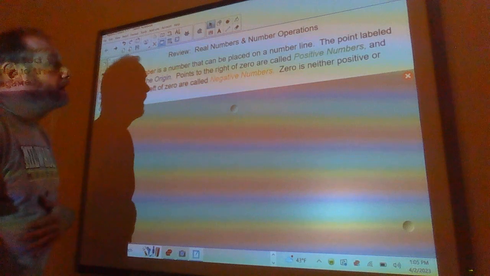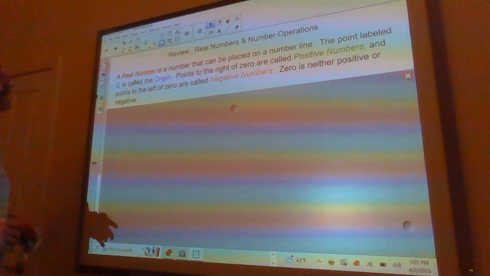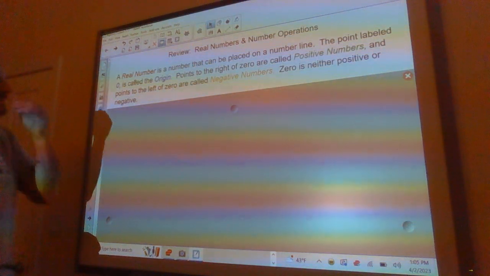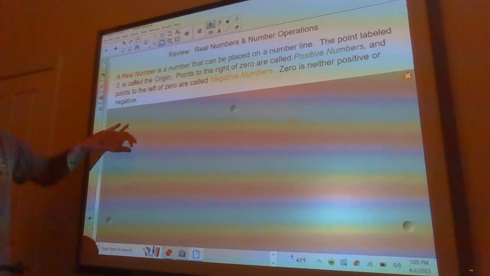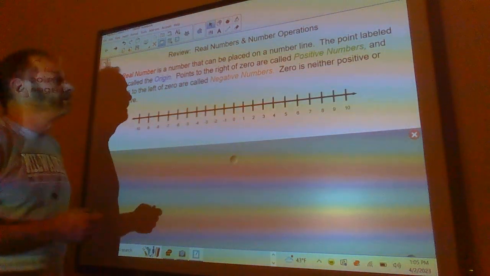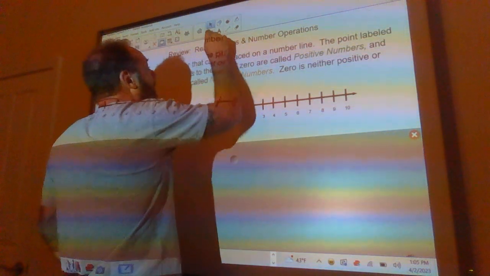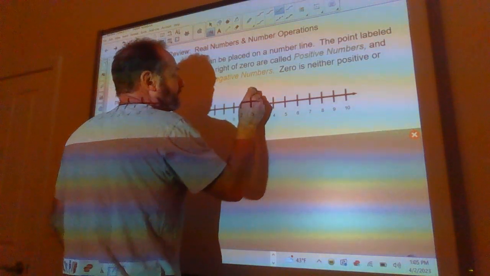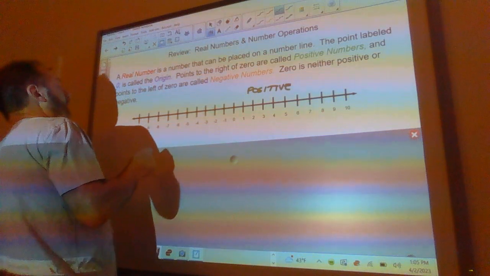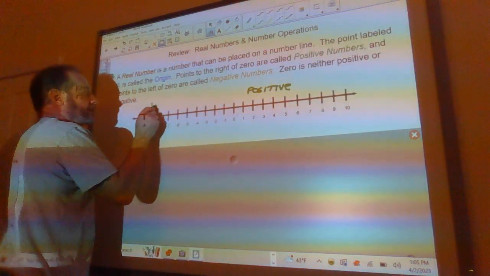The point labeled 0 on a number line is called the origin. Points to the right of 0 are called positive numbers, points to the left of 0 are called negative numbers, and 0 is neither positive nor negative. So right here, we've got our positive numbers over here, and we've got our negative numbers over here.